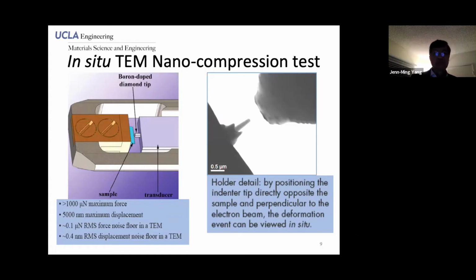As the size of the pillar becomes bigger, we need to use the in situ SEM nanocompression test to provide a much higher loading capacity. And this Hysitron PicoIndenter has a very good resolution. As you can see, 0.1 micronewton of force noise floor, as well as very good resolution in the displacement.